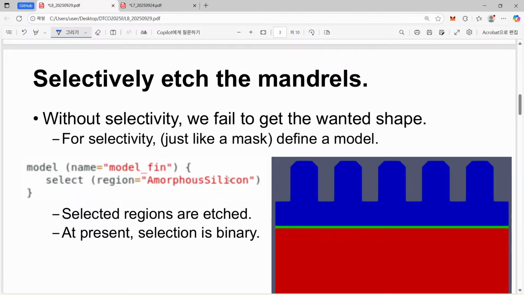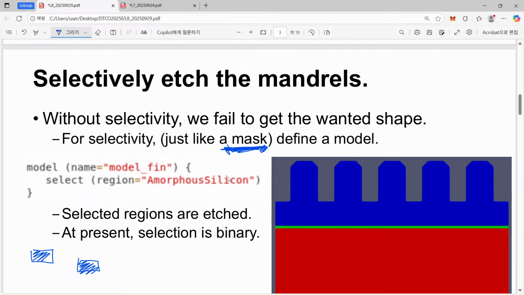Previously, when we wanted to make a certain spatial selectivity, we introduced a specification or statement called a mask. A mask defines certain rectangles, and these rectangles are saved from the etching process.